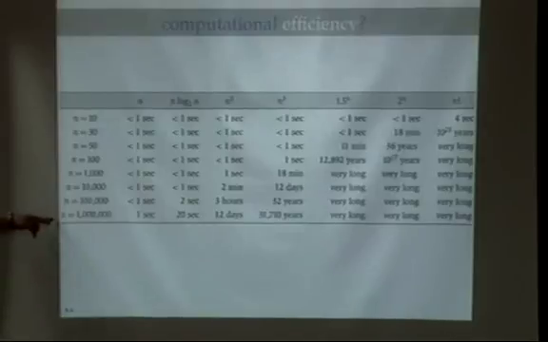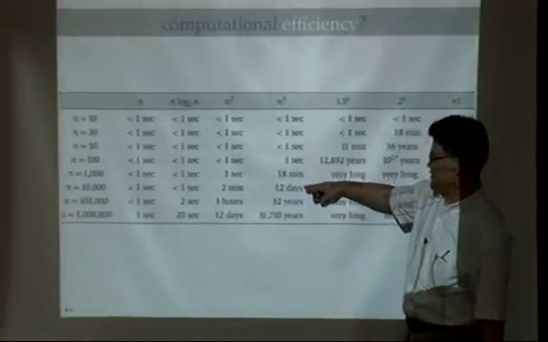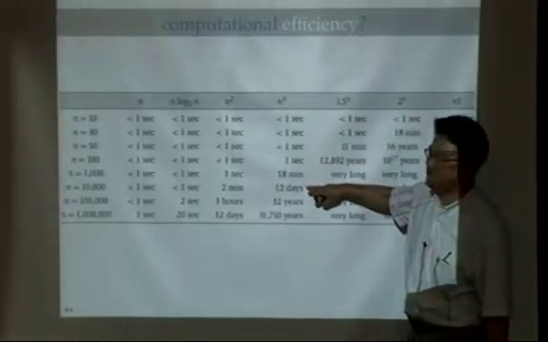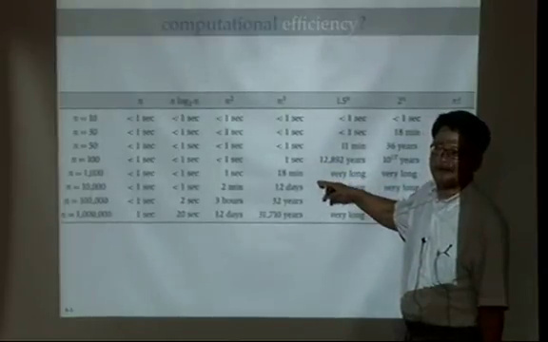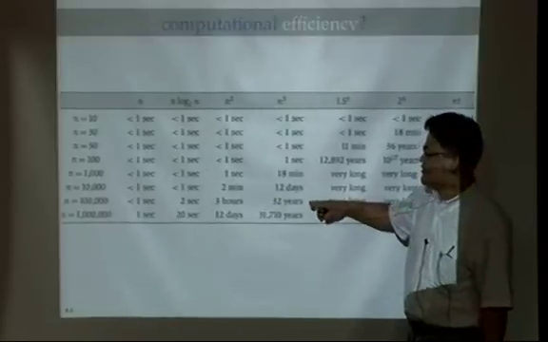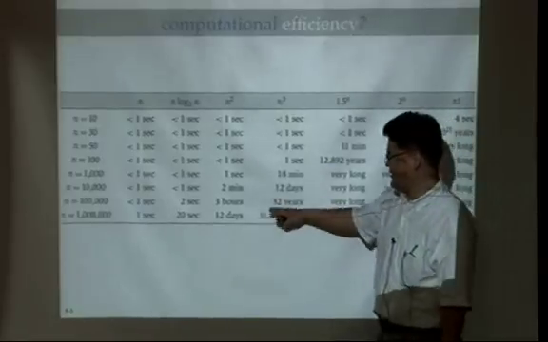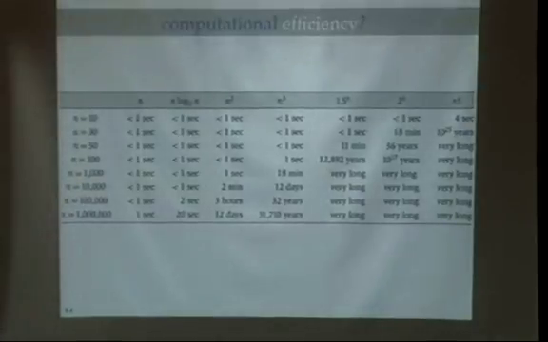Nowadays 1 million is actually considered a small size. But if you look at this column, the n cubed algorithm already takes 12 days when n is 10,000, even with a very fast 4-core CPU, and with more it's 32 years, and we'll die first before getting the answer. So n cubed is already impractical in most cases. Very long, more than 10 to the 20.